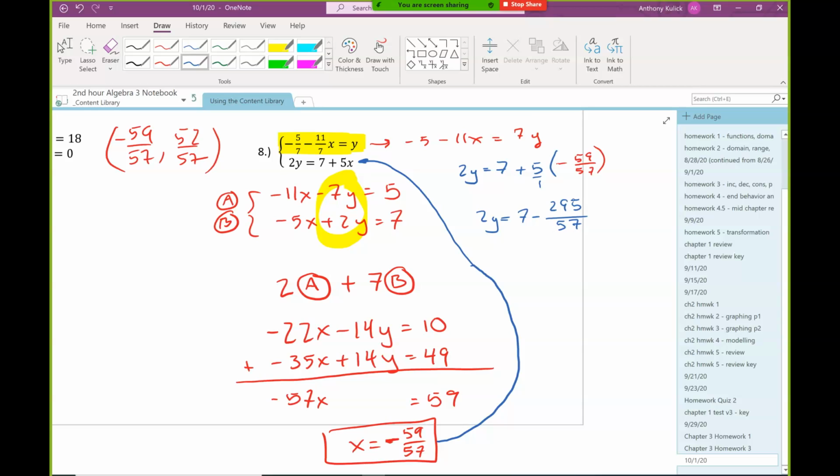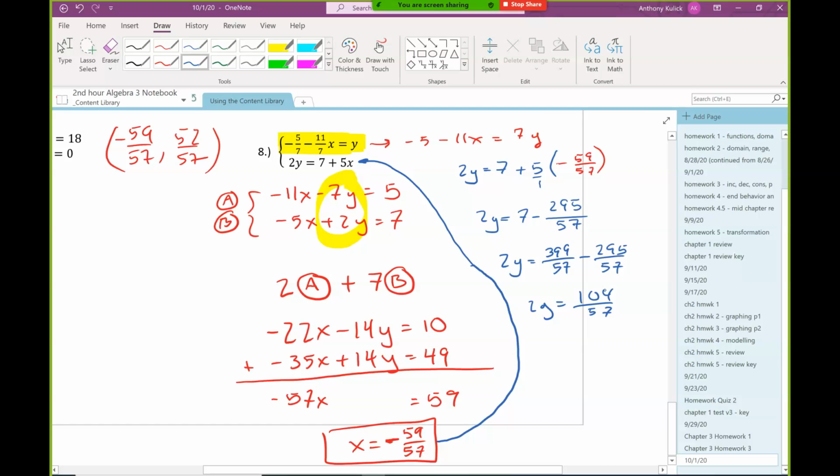To do that, I'll multiply the top and bottom of 7 by 57. So that'll give me 399 over 57 minus 295 over 57. And when I subtract those, 399 minus 295 is 104.